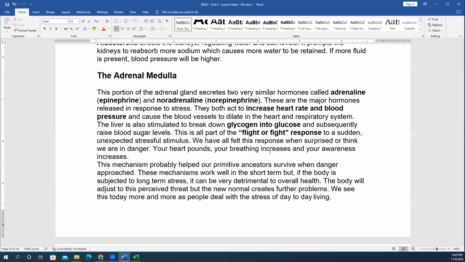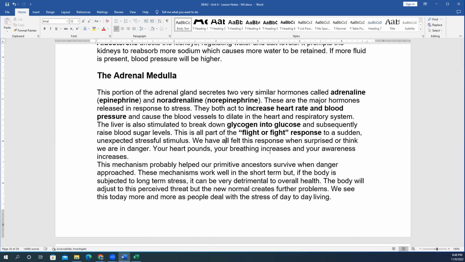In order to counteract this, the body will adjust to this type of perceived threat and just treat it as its new normal state, to constantly feel this long-term stress.